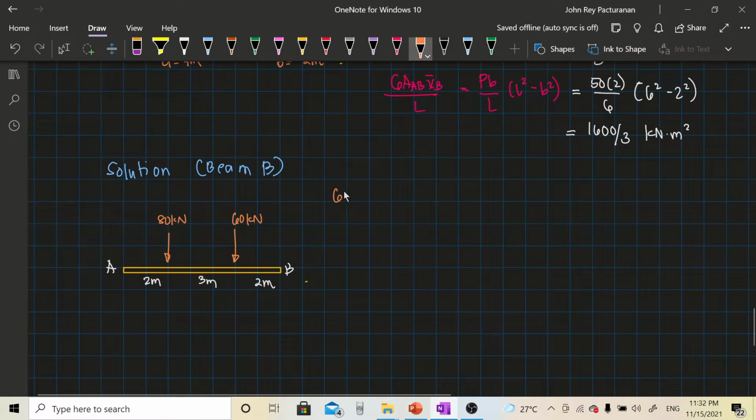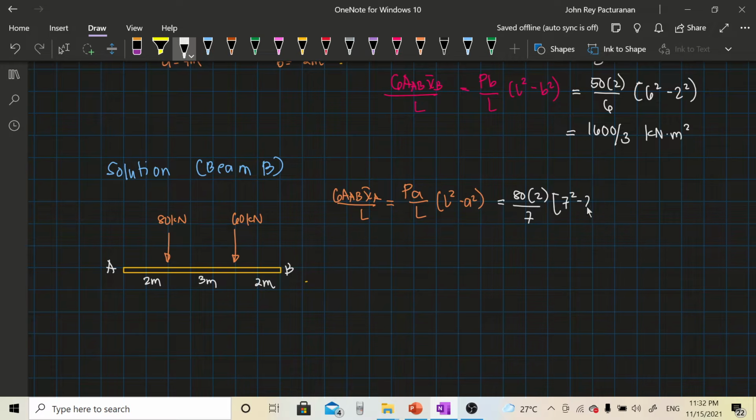Una, yung 6A, AB, centroid ng A over L is yun na nga, PA over L, the quantity L squared minus A squared. So, since dalawang beams yung i-consider natin, so, unahin ko yung nandito sa 80, no? So, yung 80, yung distance niya from point A is 2 meter, then divided by 7, then 7 squared minus 2 squared, then plus, of course, the 60 kilonewton force.